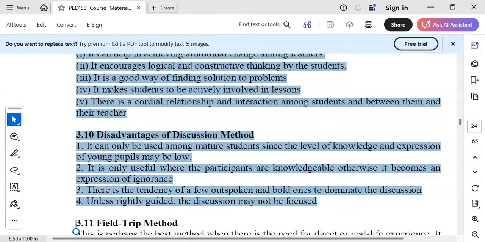Now, discussion method is a kind of teaching method in which the teacher and learners talk about a topic together, not like I'm the one teaching now. No, you know what discussion means literally. So that is the same thing. We are discussing instead of teachers giving the instruction alone and students just listening and writing down. No, it's a two-way thing. You say, they respond. So that is a discussion method.